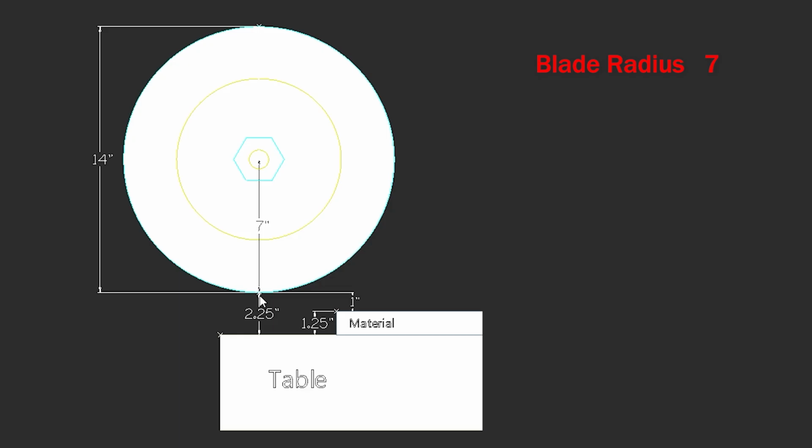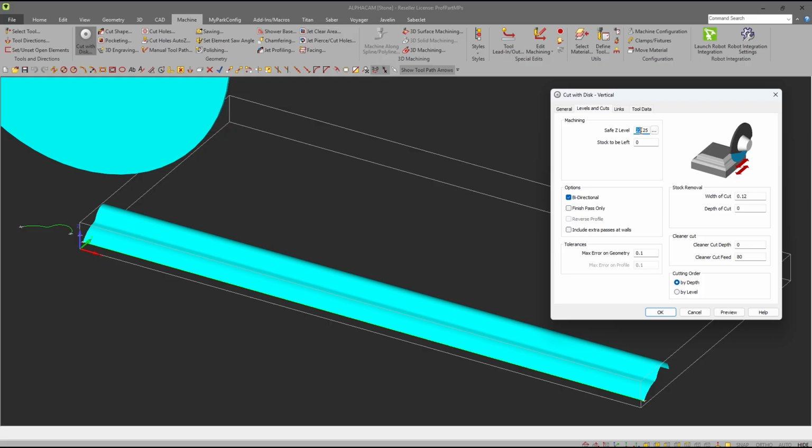And if I'm cutting 1 1/4 inch material, and I would like a 1-inch safety clearance, the value of those two added together is 2.25. I would add that to the 7-inch radius of my blade to get a grand total of 9.25. And this is the value that I'll enter into my Safe Z level.